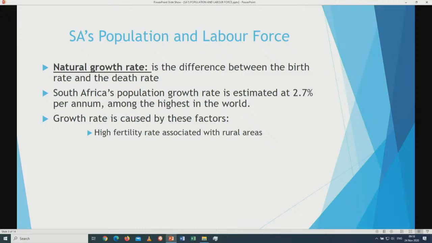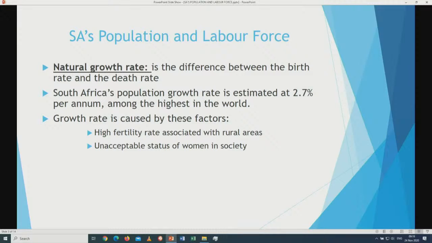It is said that our fertility rate in South Africa is very high, and this fertility rate is associated with people in the rural areas. So it seems as if the birth rate in the rural areas of the country is very high. That is one of the causes of our population growth rate.